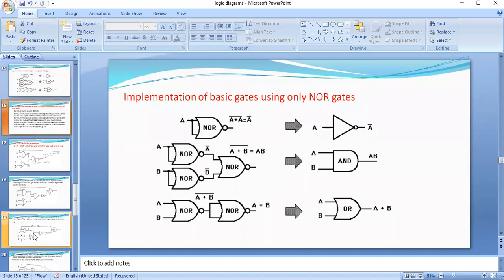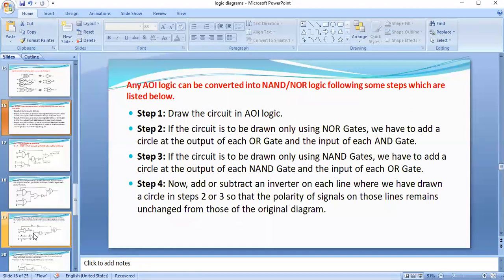But how can you implement the AOI logic? The given expression may be in sum of products form or product of sums form, so you have to convert it into NAND logic or NOR logic. You should follow these steps to convert AOI logic into NAND logic or NOR logic.